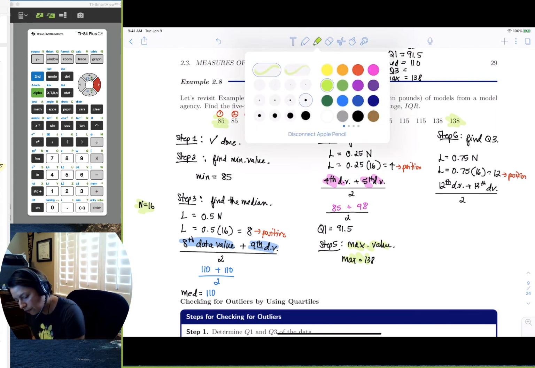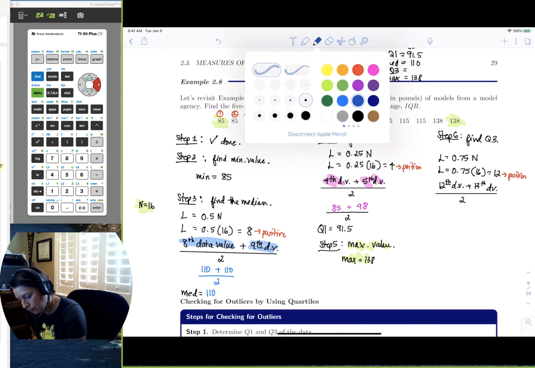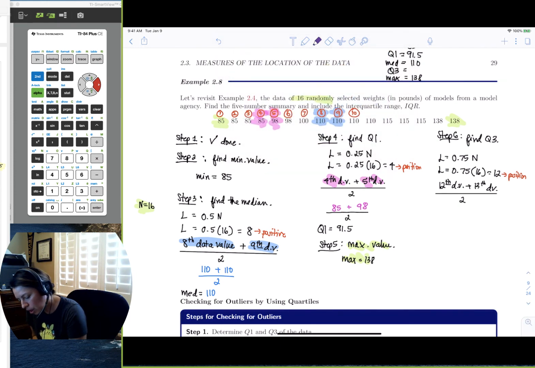So in looking for those, the 12th and 13th would be, here's 10, 11, 12, 13.